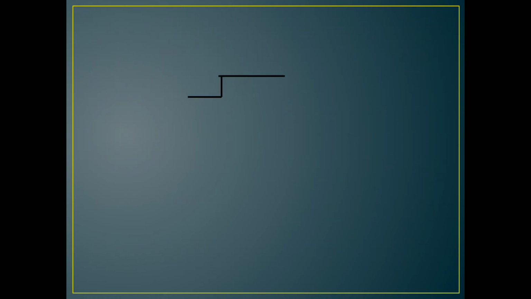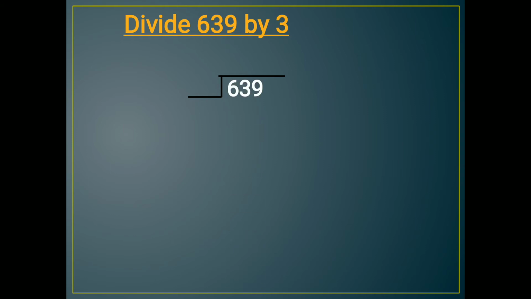Now, let's understand with one more example. Now, let's divide 639 by 3. So, first you will make the division column and write the dividend 639 and write the divisor 3. Now, let's divide. So, division starts from the hundreds place digit.